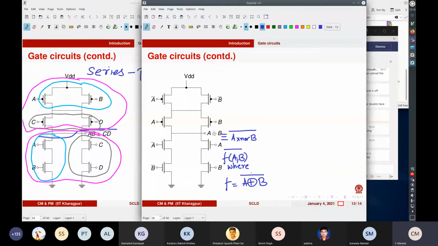That's the XNOR function. You'll just find it easier to explain the working that way. The two are the same actually.